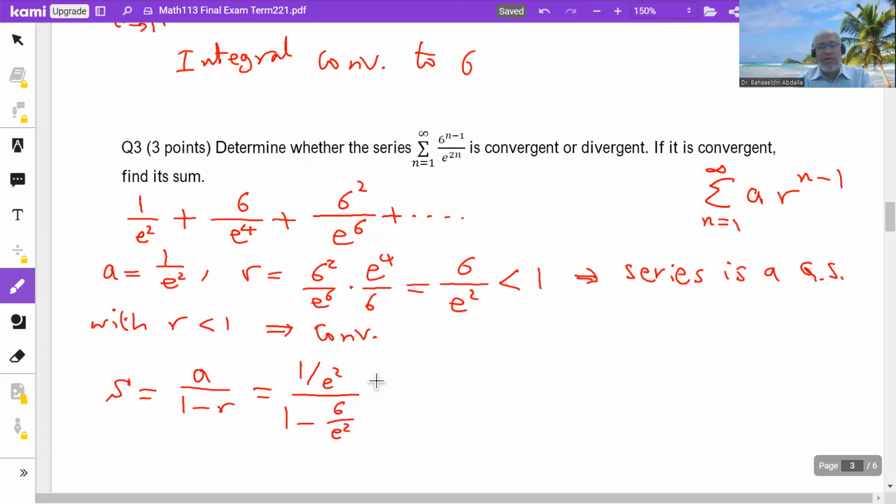To get rid of e squared, I can multiply by e squared over e squared. So I'll have 1 in the numerator, and e squared times 1 is e squared, and here e squared will be cancelled, and I'll have 6. So this would be the sum of this geometric series.